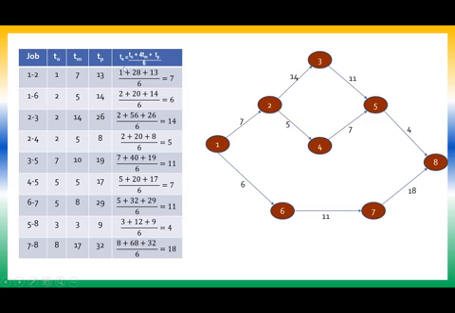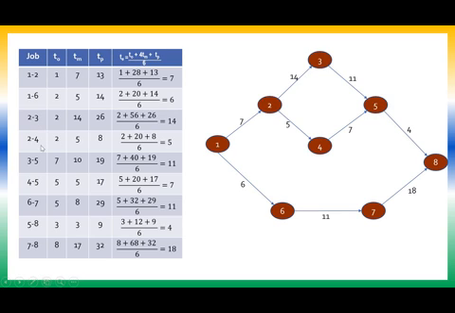So once I have calculated the expected times, that will be the duration that I will be using in the network diagram. For the given jobs, 1 to 2, I am supposed to have an activity with duration 7. Then I have 1 to 6 with duration 6.